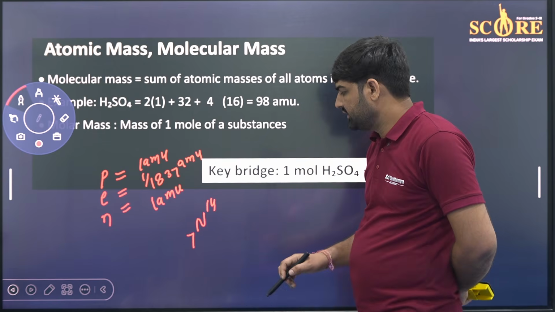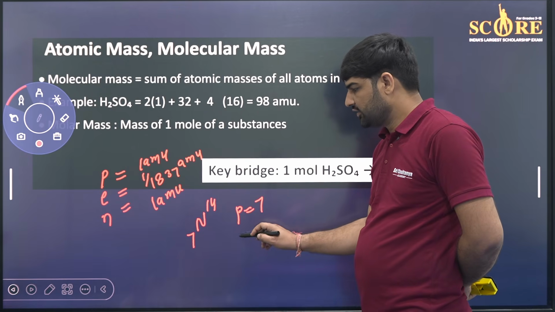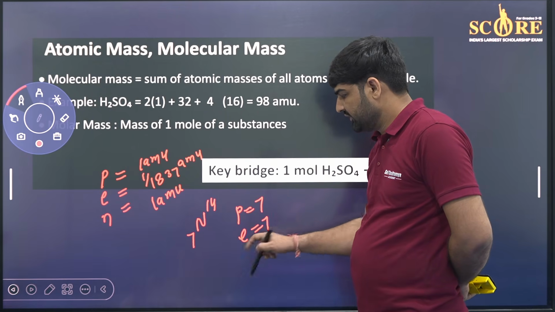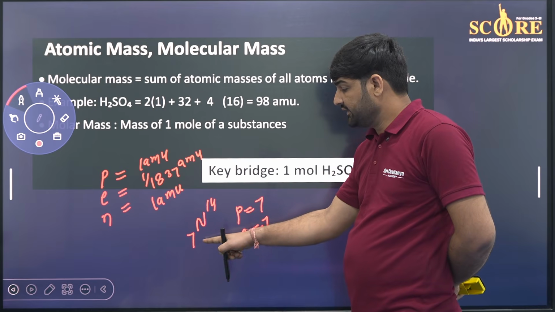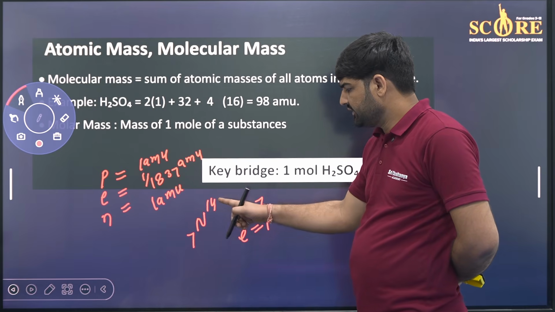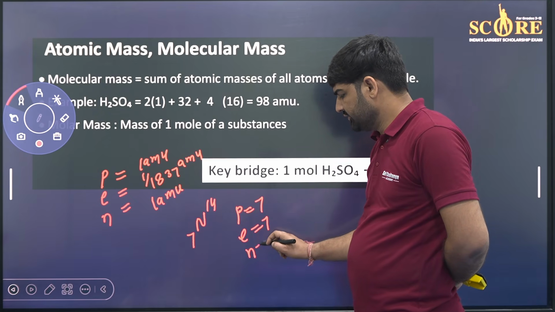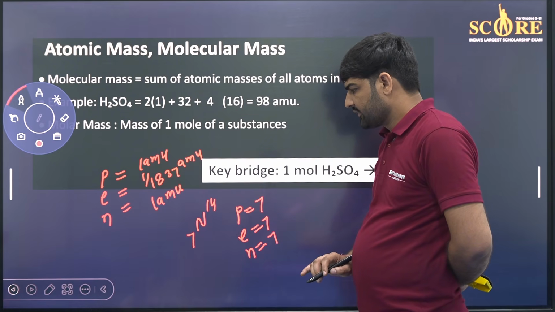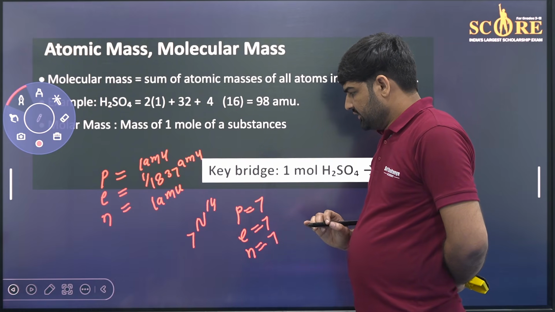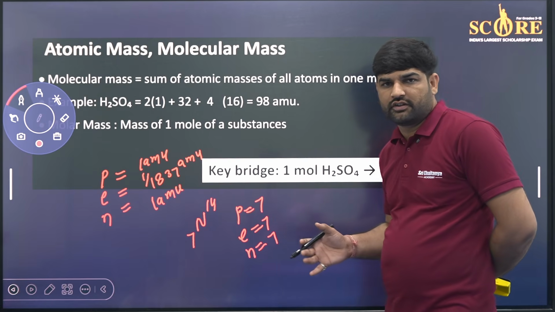So for atomic mass calculation, I have an example, 7N14. Everyone knows what the number of protons in this is. So the proton number is 7, and the number of electrons is also 7. This number is the protons, and this number is also the electrons in a neutral species, and 14 minus 7 is the number of neutrons. So we have seen the numbers of protons, electrons and neutrons.